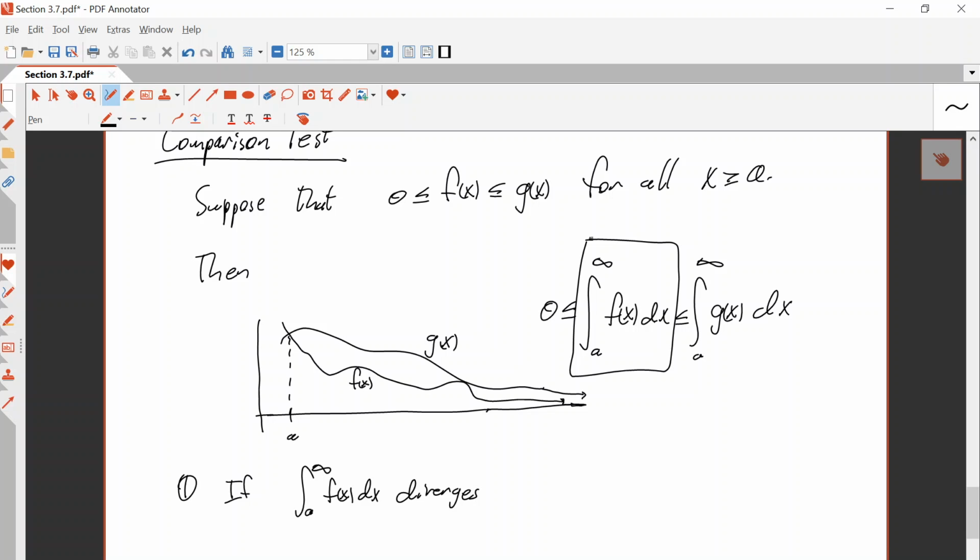There's no problem with the thing jumping between something positive and something negative. It's just a strictly increasing function, this integral. As t goes to infinity, the area just keeps increasing. So if the area under f of x is infinite, then certainly the area under g is infinite as well.